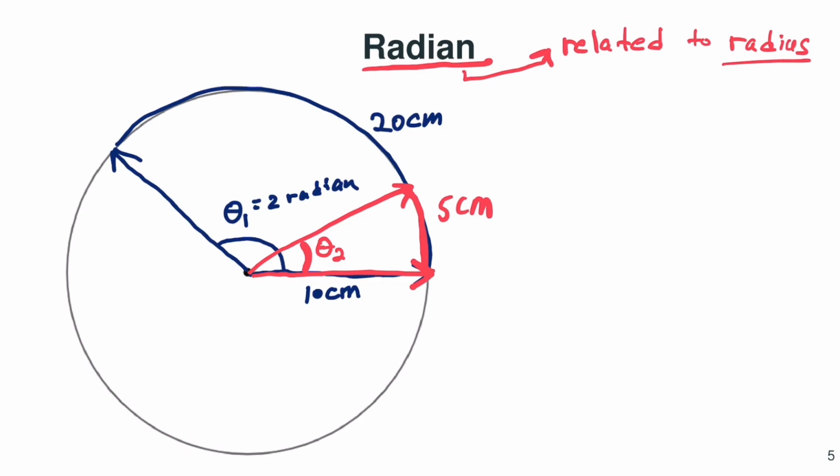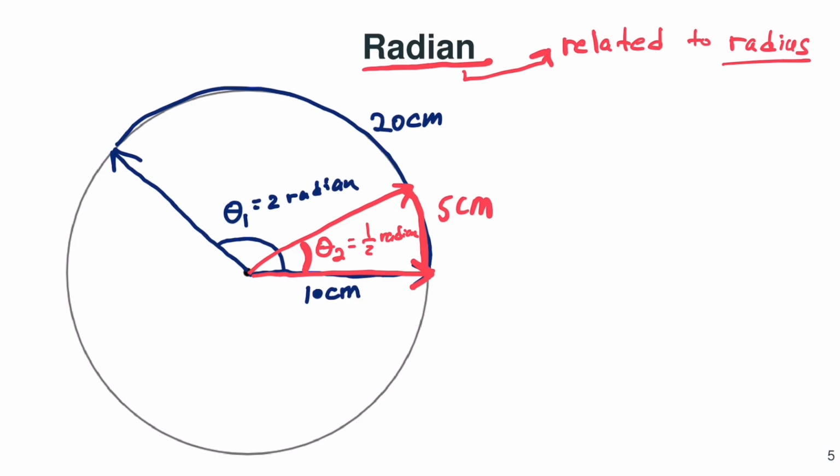We start from this point right here and we create an angle this way. We went this much arc length and we ended here, which creates this angle. So what angle is this theta 2? Well, do you see how 5 centimeters is half of 10? So this means we have half a radian.